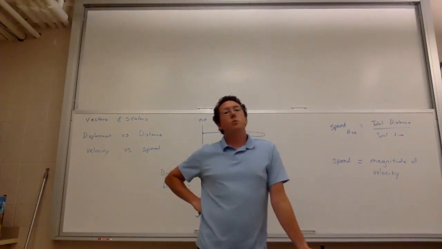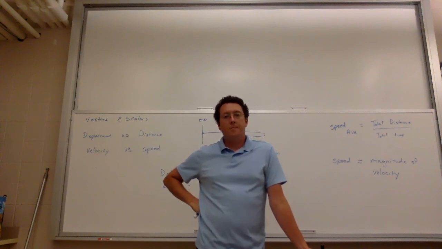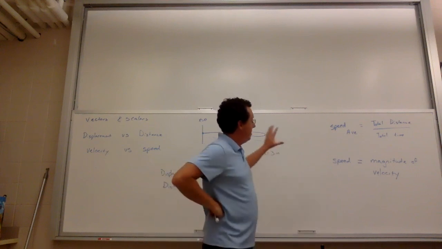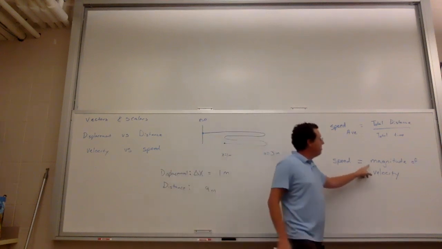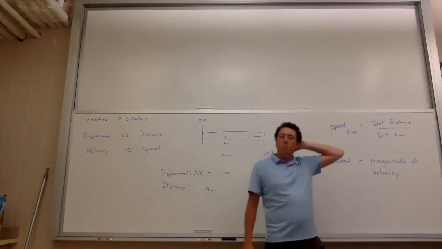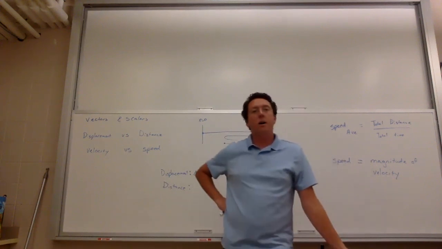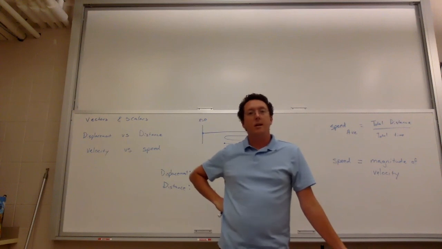When we get to 2 or 3 dimensions, these words are still correct. We have to be a little bit more careful to define the magnitude of the velocity in 2 dimensions or in more dimensions.